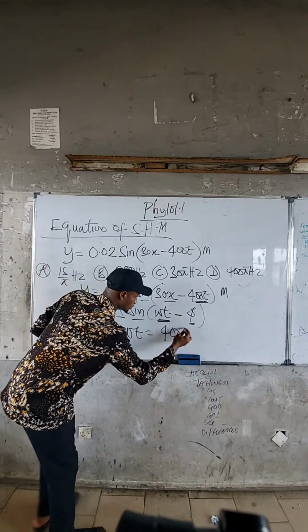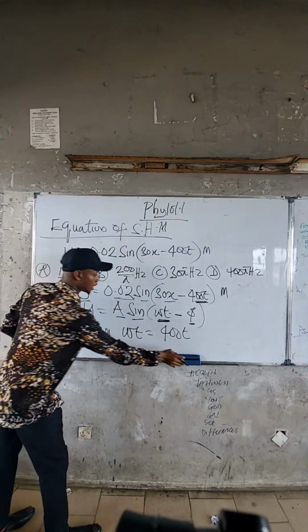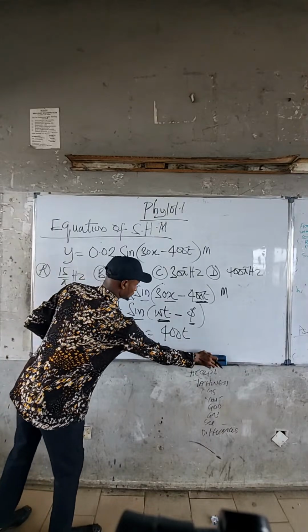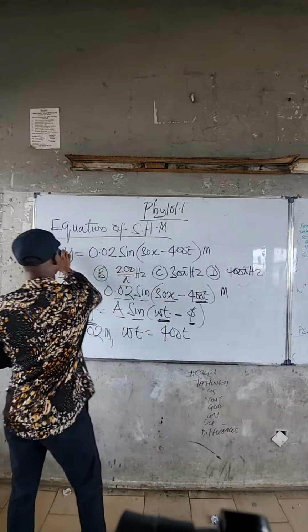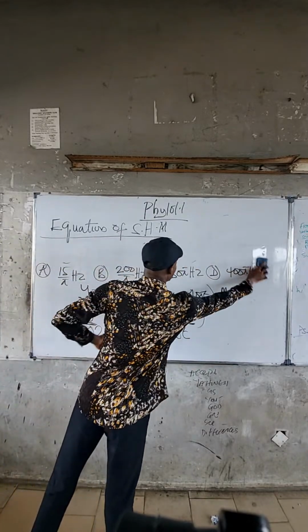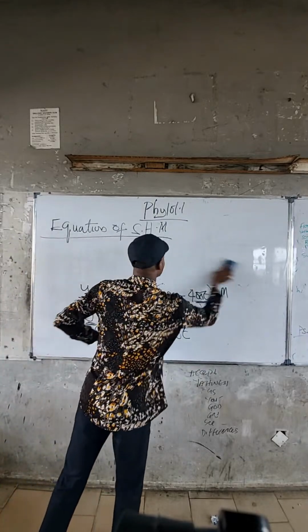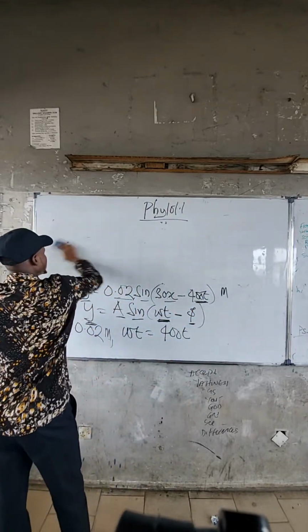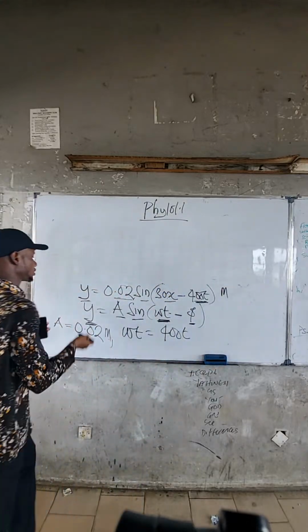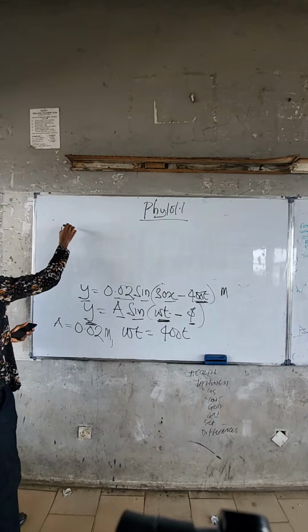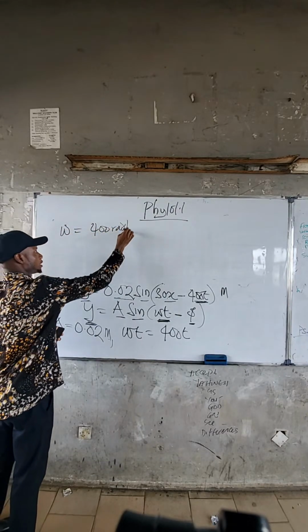That is 400t. Now divide both sides by t, the common letter. Omega will be equal to 400 rad per second.